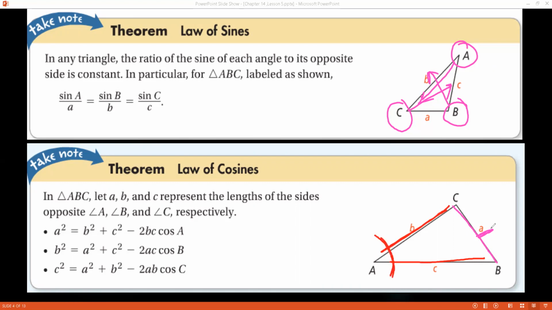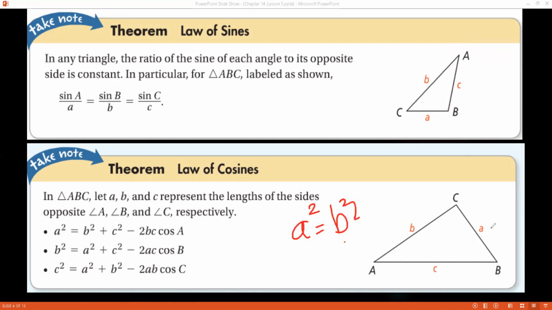If these three things are given, I can find the length of a. Now how? By using the law of cosine, a squared will be b squared plus c squared minus 2bc cosine of angle A.